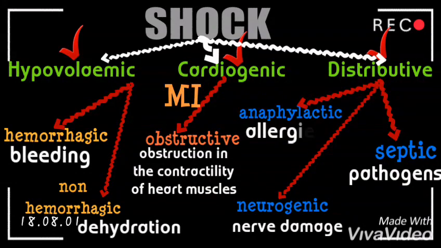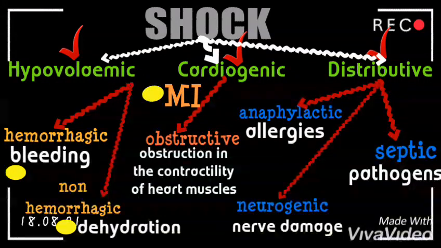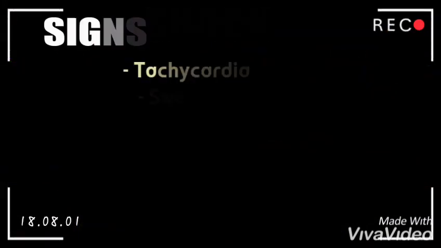This type is due to allergic reactions which produce some chemicals that dilate the blood vessels and hence lead to hypotension and shock. So we can say that the causes of shock are sweating, vomiting, diarrhea, bleeding, myocardial infarction, congenital heart diseases, pathogens, damage to the nerves surrounding the blood vessels, allergic reactions, and so on.